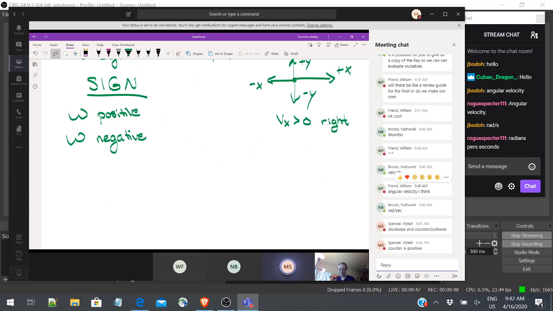Very confident from Michael, counterclockwise is positive, and you are correct. Clockwise is negative, counterclockwise is positive. How can we remember this?